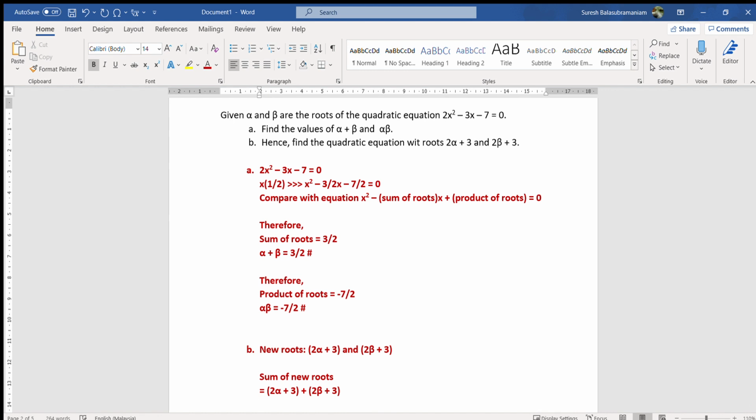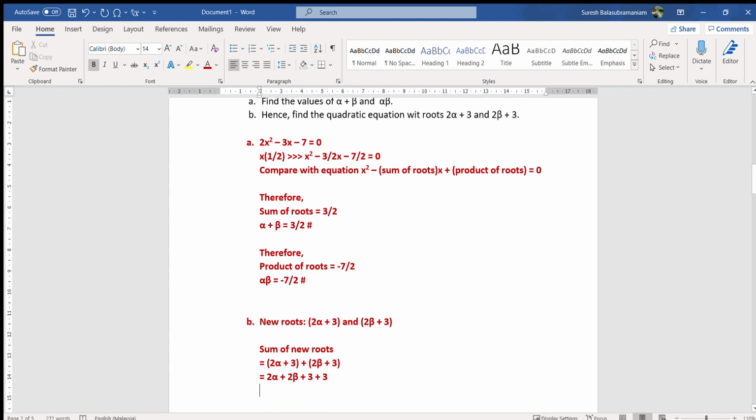Okay, so this will produce 2 alpha plus 2 beta plus 3 plus 3.